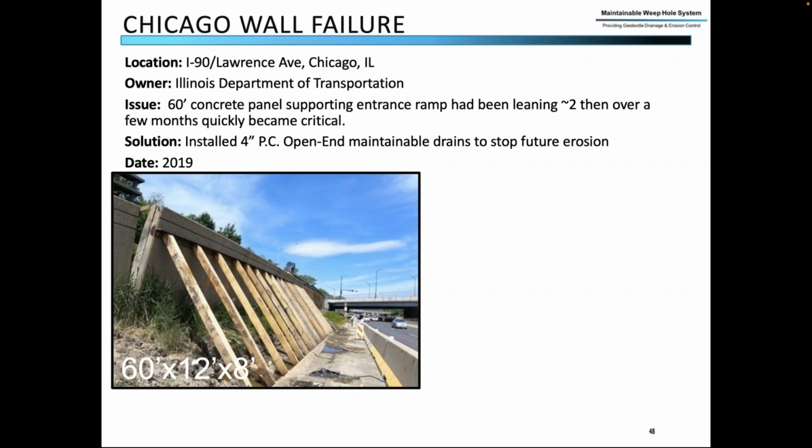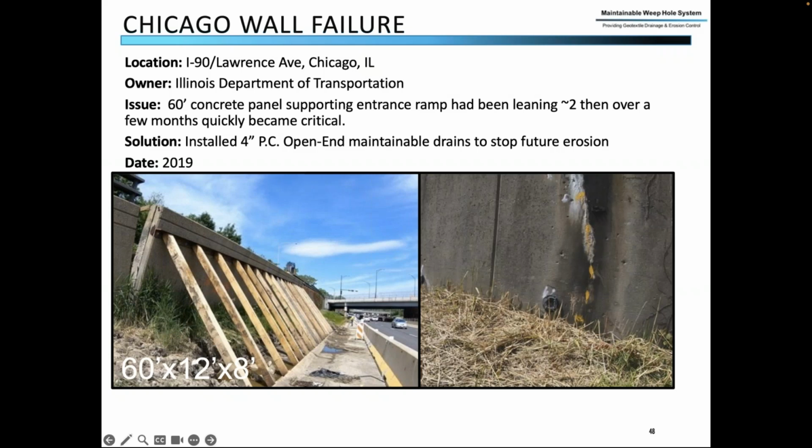Now, many of the roadways in Chicago are below grade. So these panels are all over the place. They were all built approximately the same time. So they think that a lot of them may have a similar issue.